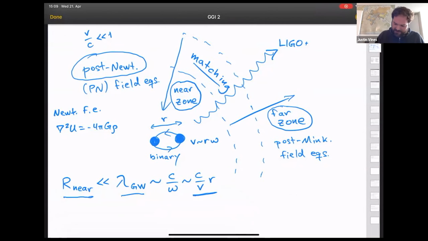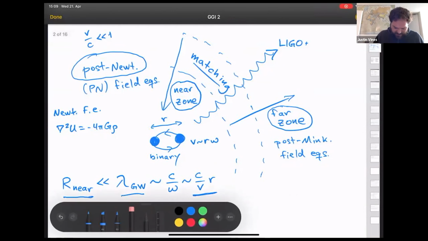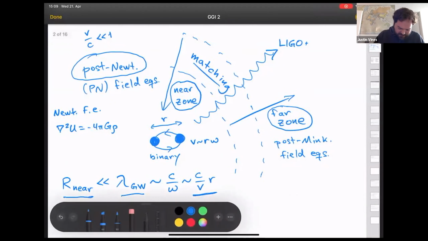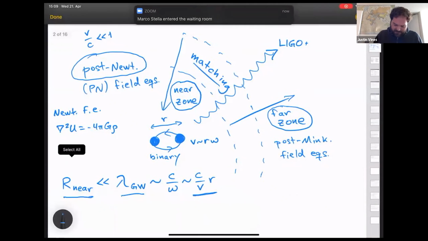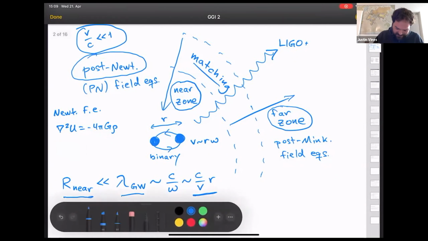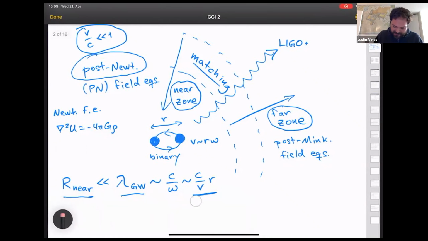That leads us to the conclusion, sorry, I should have planned this a bit better, that the existence of a near zone is equivalent to, let me just say, I'm getting a bit flustered. If the speeds are small, there will exist a near zone that's much less than the gravitational wavelength. I'll let you work out the last couple steps of algebra.